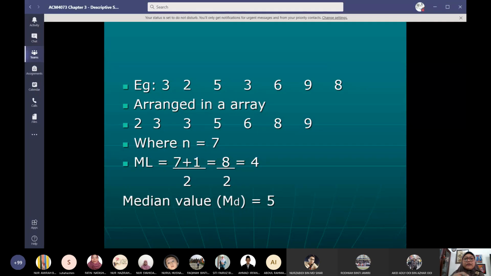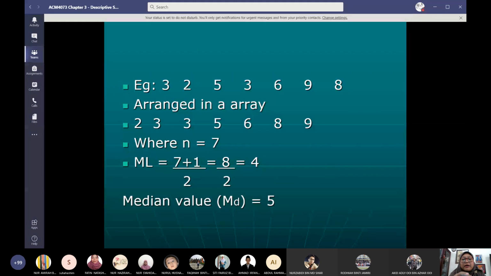now you have to arrange them in array, meaning you start with the smallest number. The smallest number is 2 and must end with the highest number. In this case, we have 9 as the highest number. 2, 3, 3, 5, 6, 8, 9.